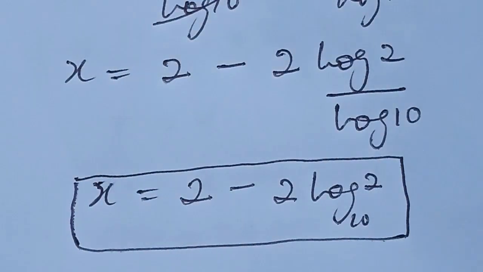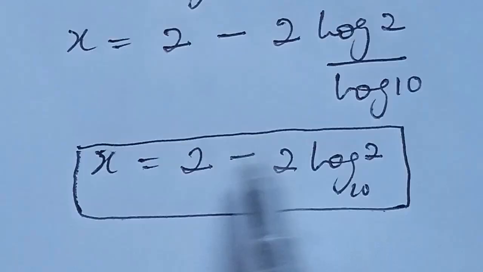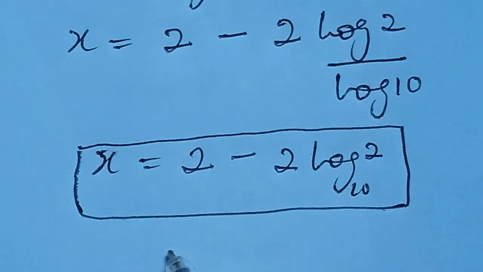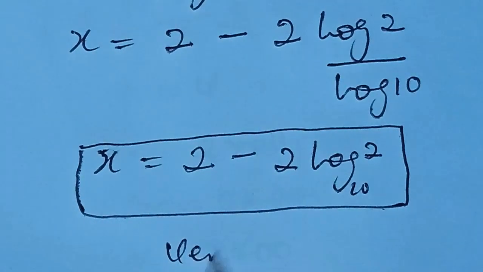Okay, now we can as well verify our value of x using the two various ways, just as we got the value of x. So verifying our x using this value of x and also using the previous one. So verification.